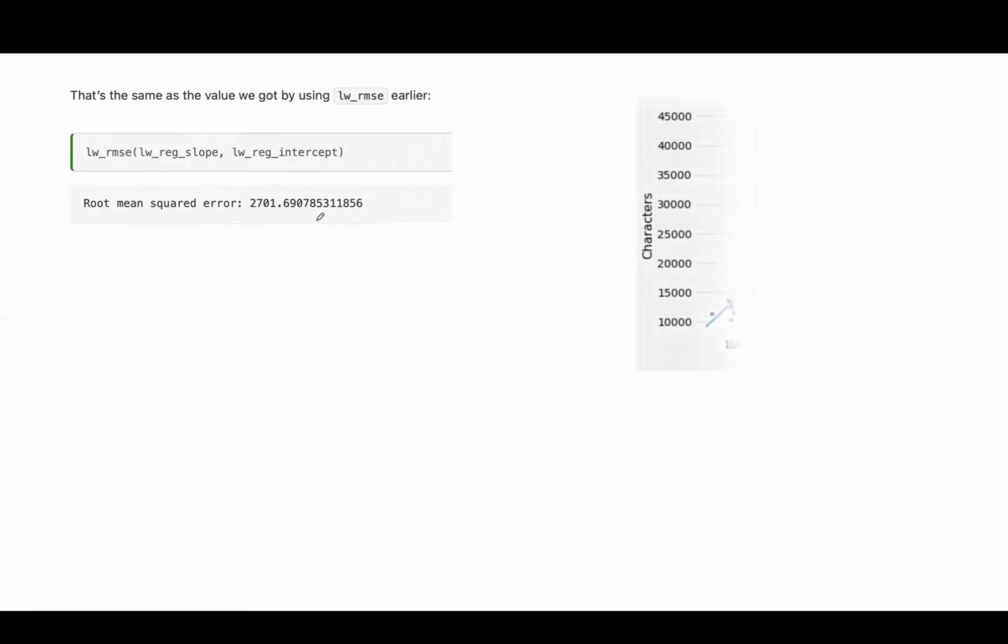That's the same as the value we got by using the root mean squared error earlier. If we take a look at this one more time, we can see that the root mean squared error is 2701.69. And this was our regression line.